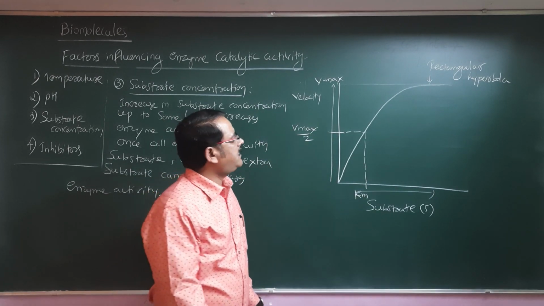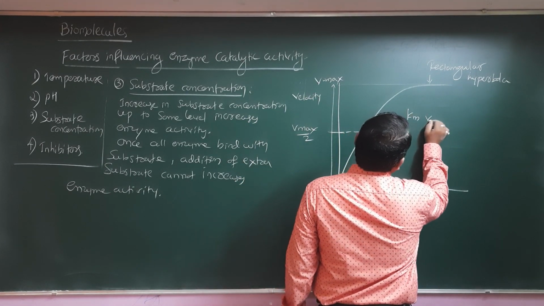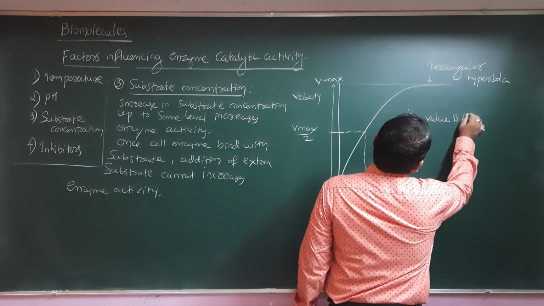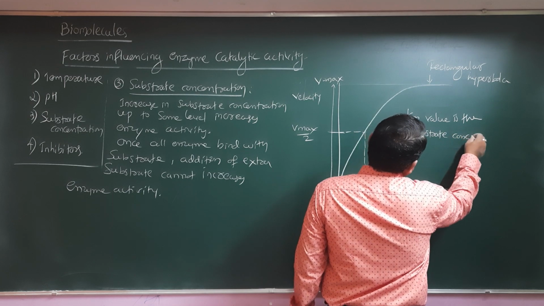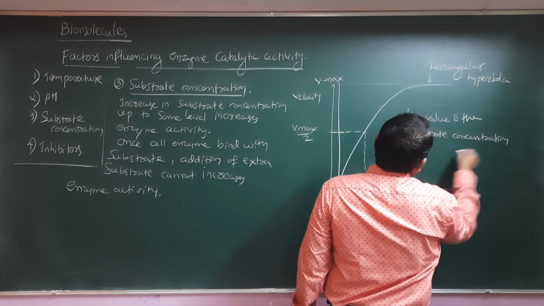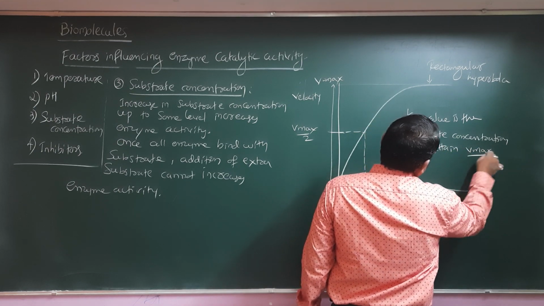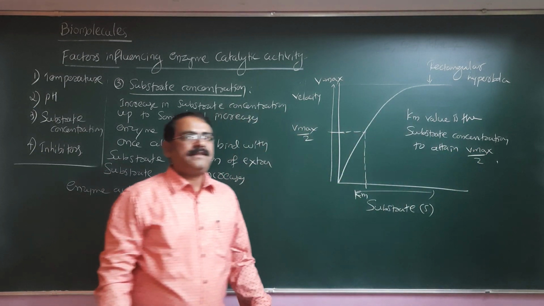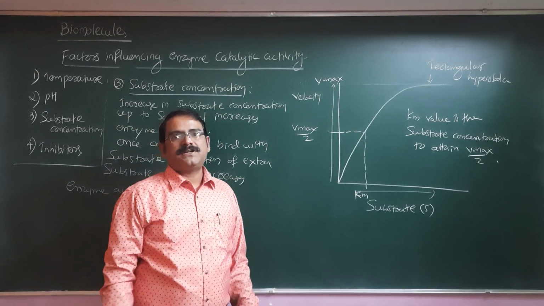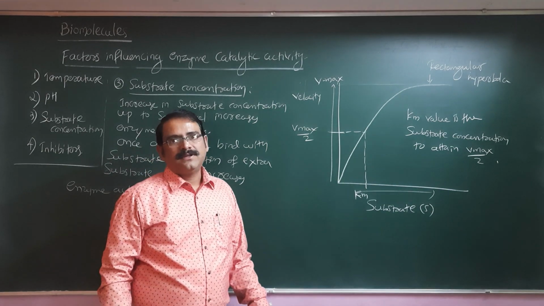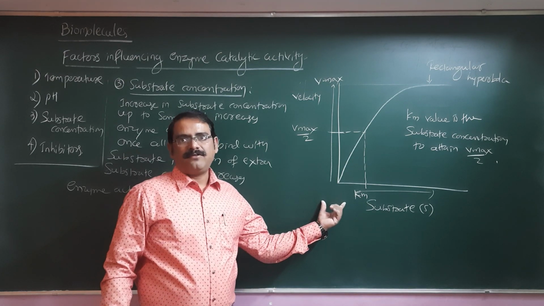So thus we can say the Km value is the substrate concentration to attain Vmax by 2. Thus the affinity between the substrate and enzyme is well measured by the Km value. The higher the affinity, the lesser the Km value.